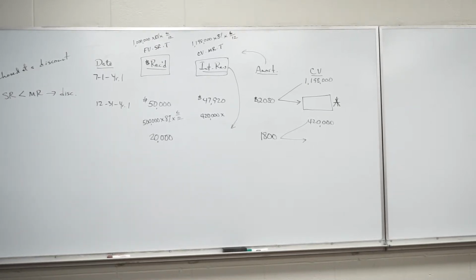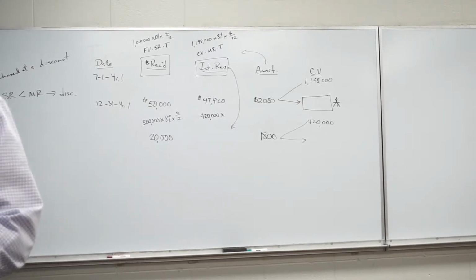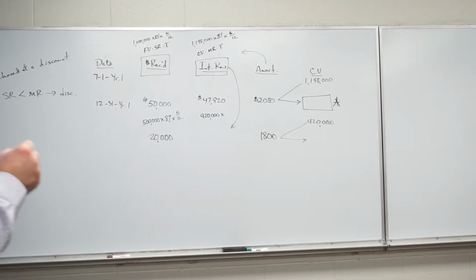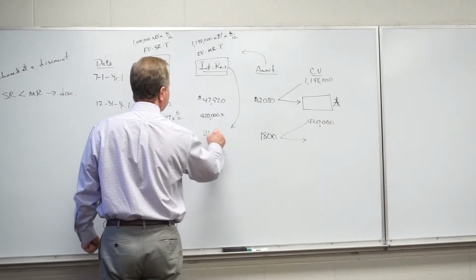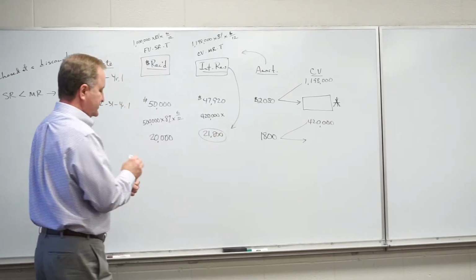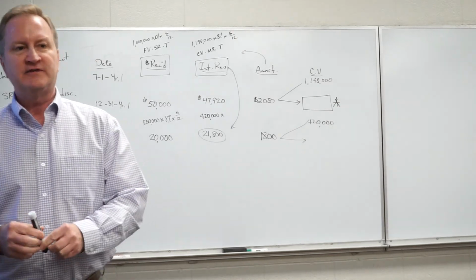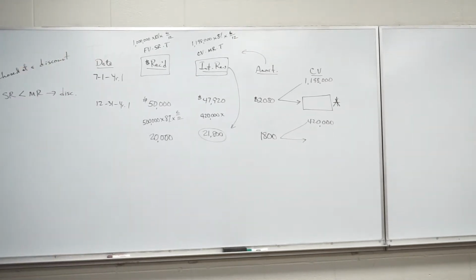Okay? So the amount of interest revenue will be greater than the amount of the cash payment. So the answer is $21,800, which is D as in dolphin.